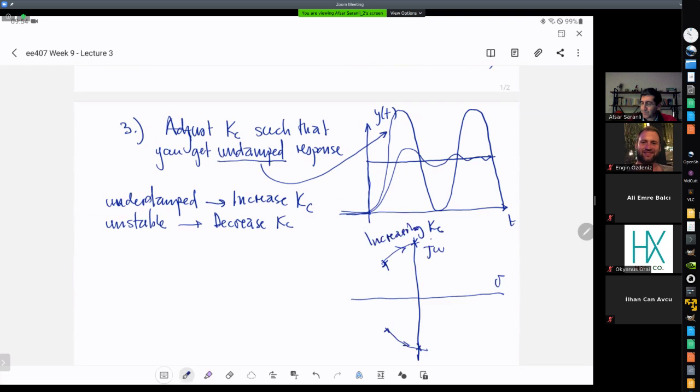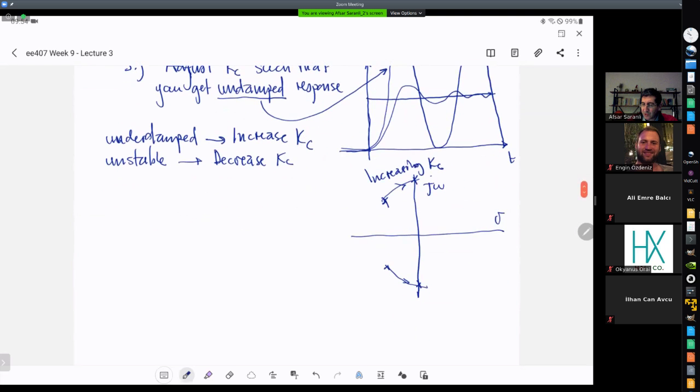Okay? So once you do that, you record certain parameters of that response. So obtain Kc. That is given a special name in this case. It's called the ultimate gain, KCU.